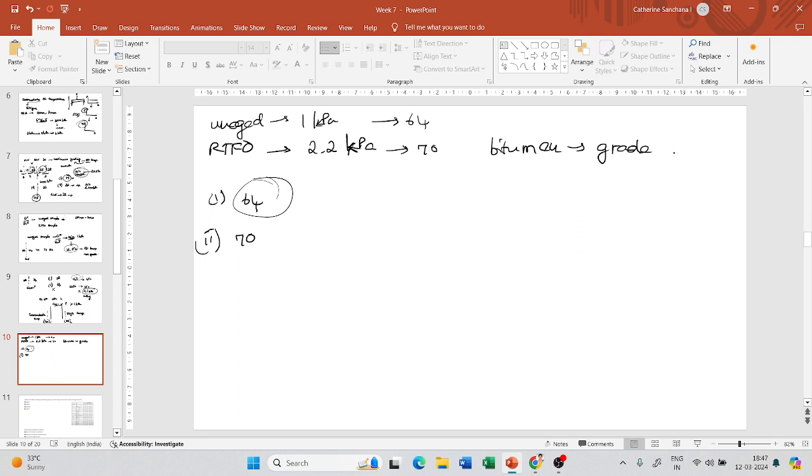Okay, so you were given the bitumen, you tested it at different temperatures, and you were able to give the grade of bitumen. That's what we saw now.